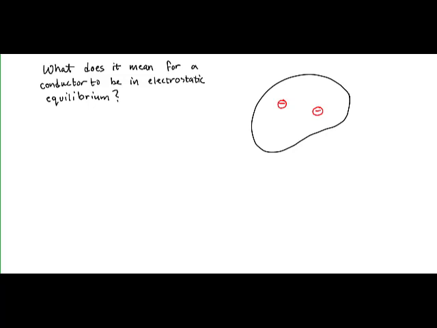Now, you know that surrounding every charge in space is an electric field. That electric field communicates electric forces with other charges. So in this case, the electric field of these two negative charges will establish an electric force of repulsion between them, forcing the charges to move apart.